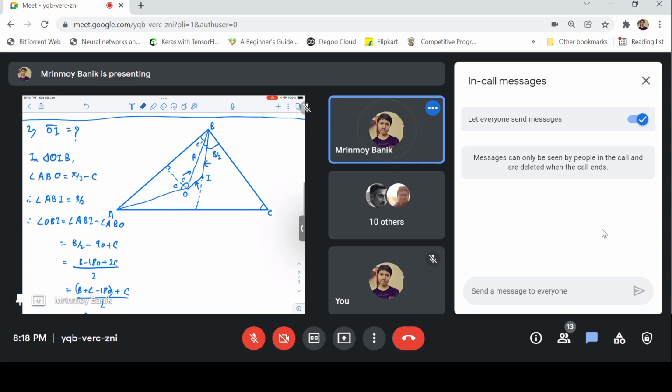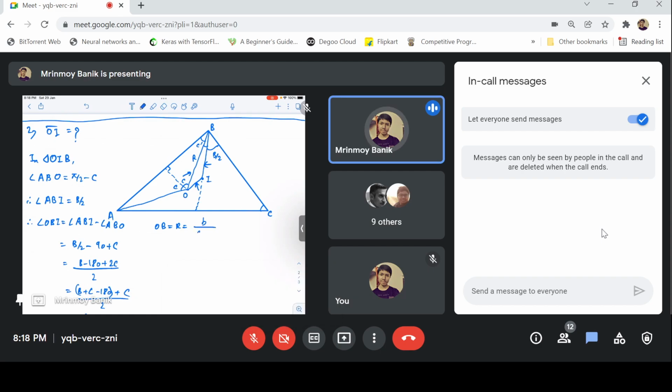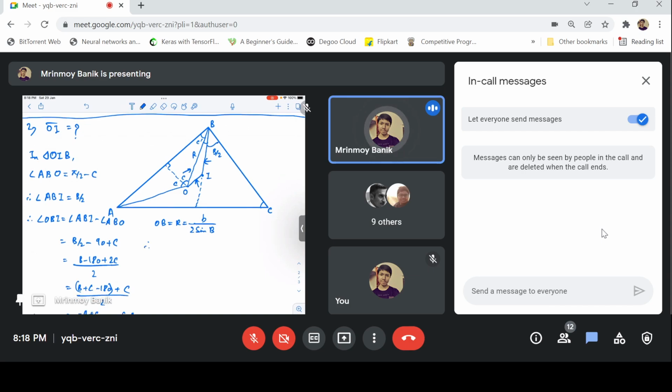Now OB is R. And lastly, we have BI. So this is smaller than the inradius.